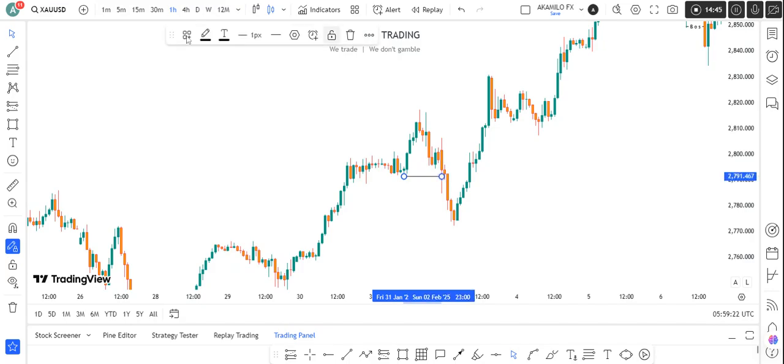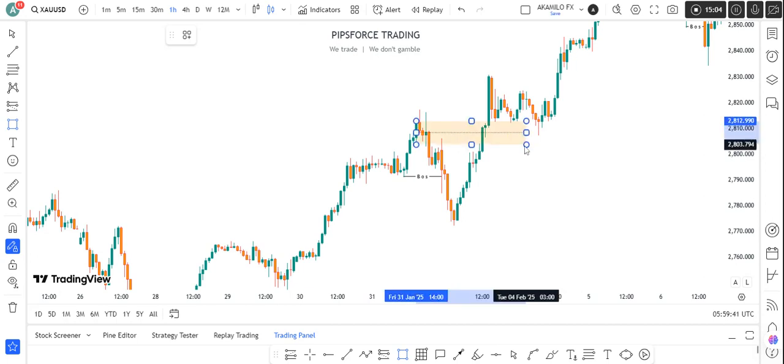So since price breaks structure to the downside, giving us a break of structure, this particular candle was the last bullish candle before price broke the structure. So price is supposed to test this, but it fails to hold it.